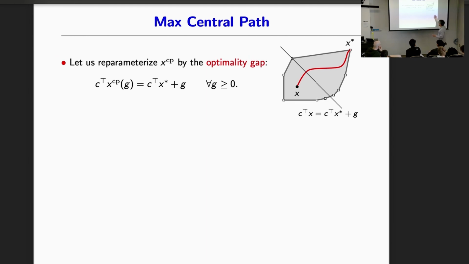Geometrically, you can think of it as: I pick some gap value g. I look at the hyperplane given by all solutions that have that gap value. And then the central path will intersect this hyperplane precisely at one point. So this is a valid reparameterization of the central path in terms of the optimality gap.